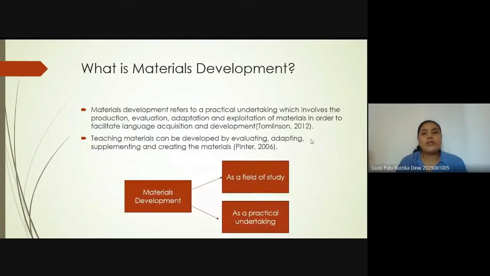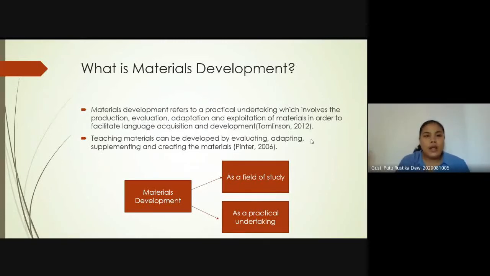Next, what is materials development? According to Tomlinson 2012, materials development refers to a practical undertaking which involves the production, evaluation, adaptation, and exploitation of materials in order to facilitate language acquisition and development.